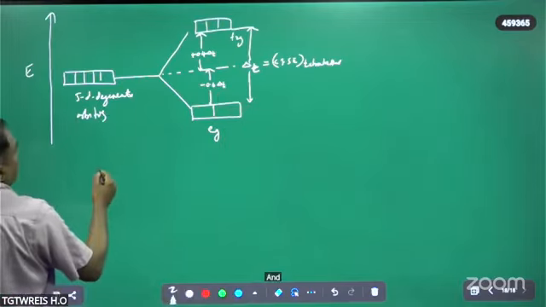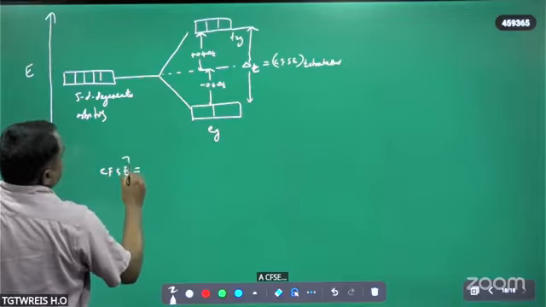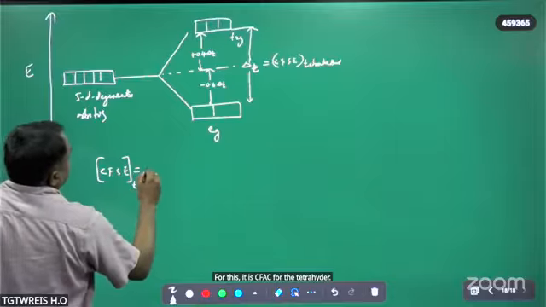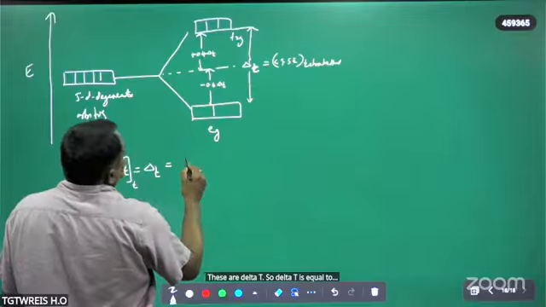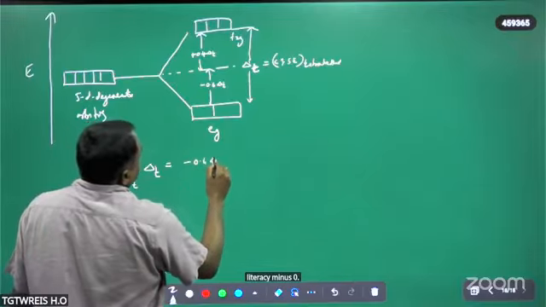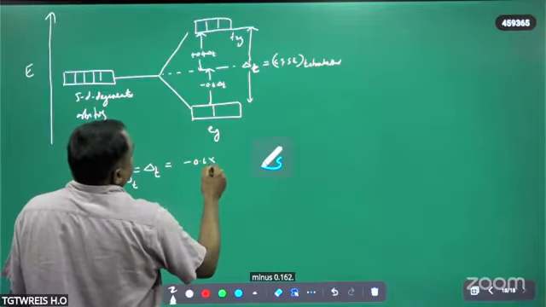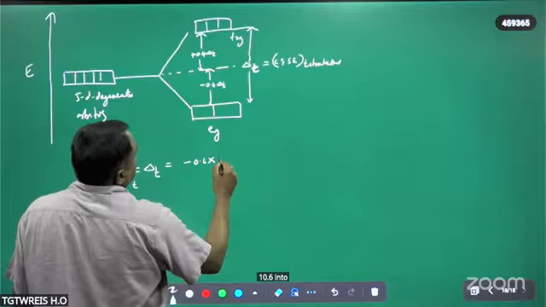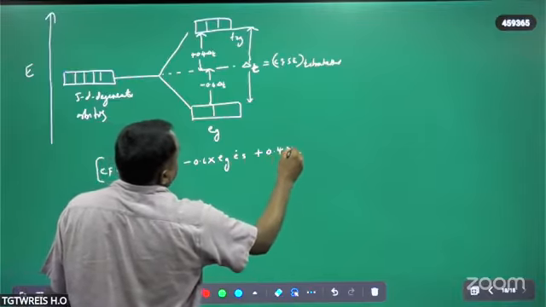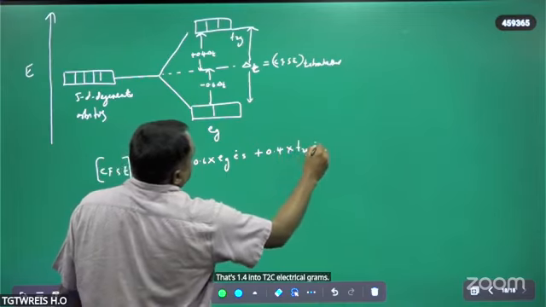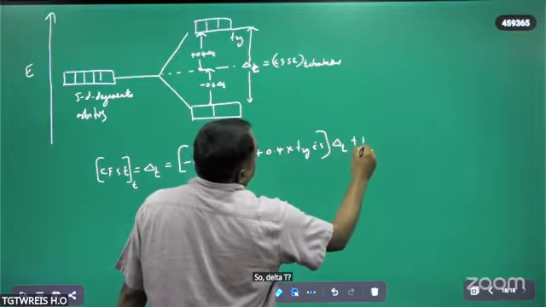And the CFSE for the tetrahedral is delta T. So it equals minus 0.6 into the number of eg electrons, plus 0.4 into the number of T2g electrons, into delta T. Again, we have the pairing energy.